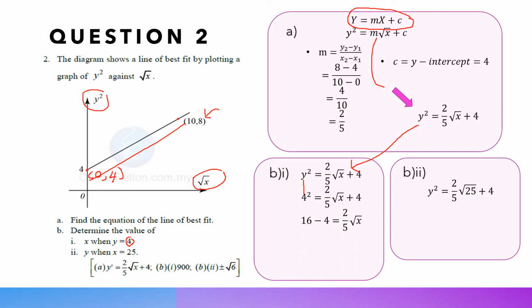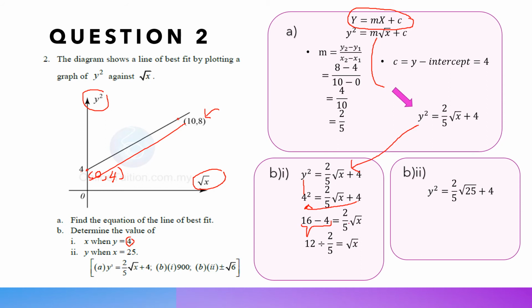So 4 squared you get 16. And then this plus 4, you move to the left, you get negative 4. And here is left 2 over 5, square root x. So you get 16 minus 4 is 12. And then here 2 over 5 and square root x, they are stuck together.